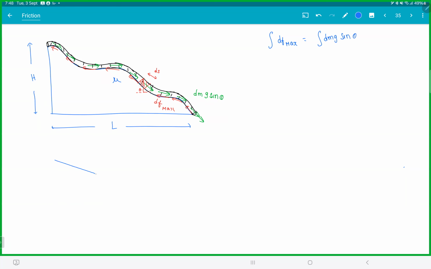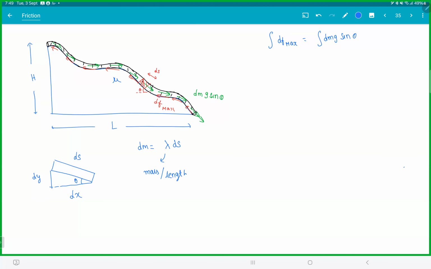Now for that small piece which we took, ds, if you take this angle to be theta, this horizontal distance is dx, the vertical distance is dy. And mass dm is nothing but lambda, the mass per unit length, into ds. We don't know that, it's not given.